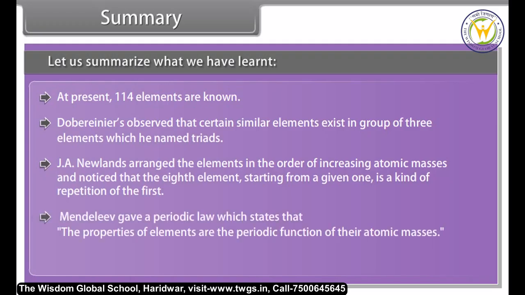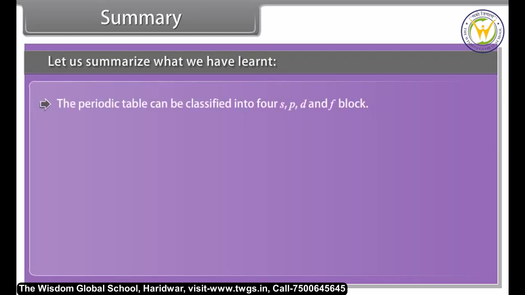Mendeleev gave a periodic law which states that the properties of elements are a periodic function of their atomic masses. The present form of the periodic table is the long form. The periodic table can be classified into four blocks, that is s, p, d and f block.